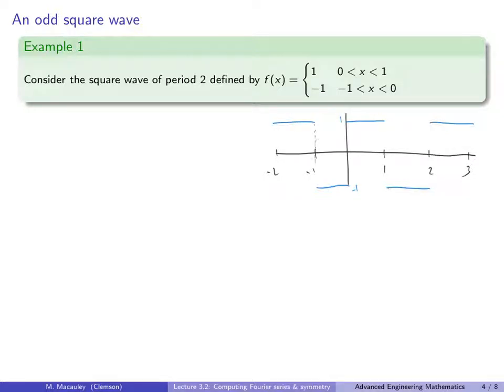Now sometimes I draw dashed lines, or if I really get lazy, I just don't even dash them to be vertical. Now notice I have not actually specified what the function is at these breakpoints, at 0, 1, and 2. Is it equal to 1, or is it equal to negative 1, or something else? It turns out it's not going to matter. I can make it whatever I want to.